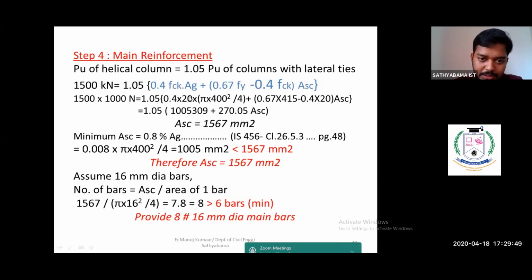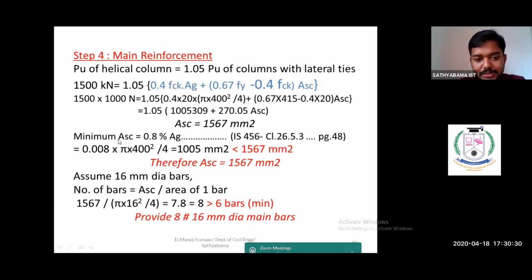FCK you know 20, AG is nothing but the total cross section area of the column, pi into 400 square by 4, the revised diameter, plus 0.67 into Fy. Fy is steel strength 415 minus 0.4 FCK, the concrete strength 20 Newton per mm square. ASC we don't know. We have to calculate the value of ASC, that is area of steel in compression. Now after equating with respect to the load given in the question, 1500 into 1000 Newton, we are getting ASC value as 1567 mm square.